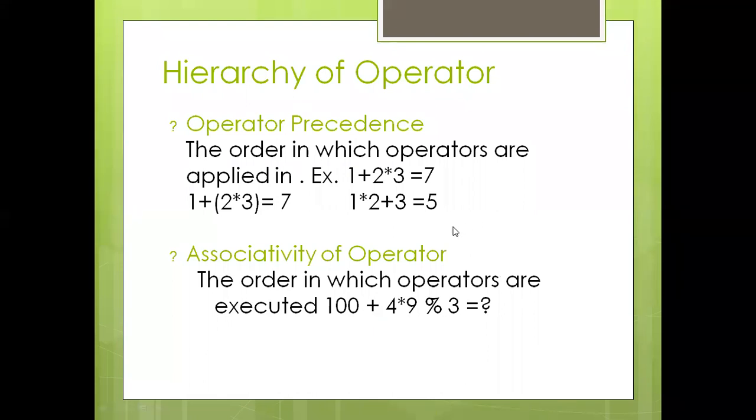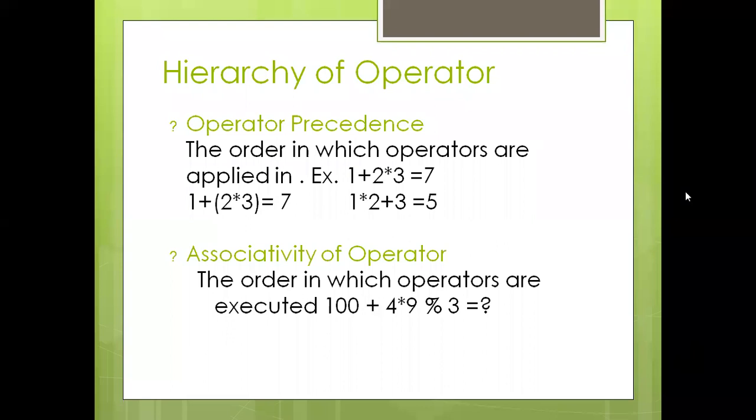Now within this same priority, if I have all three or any two of these operators in an expression, which operator am I going to solve first? Are you getting my question? When I have same precedence operators in an expression, which one do I solve first?